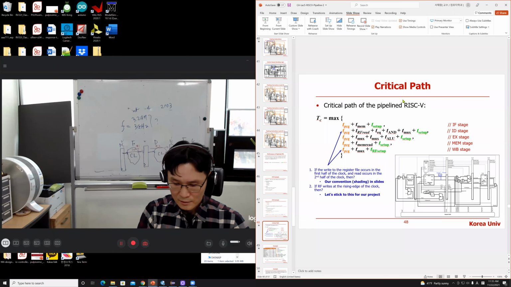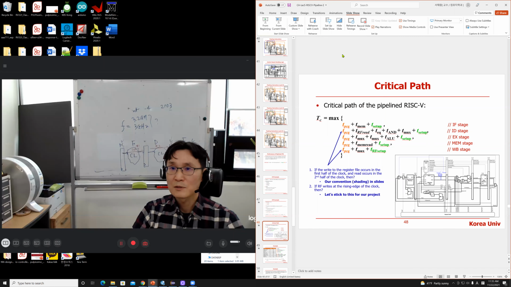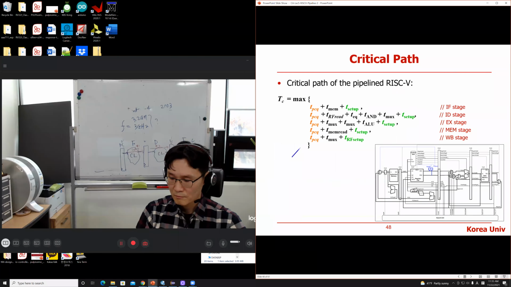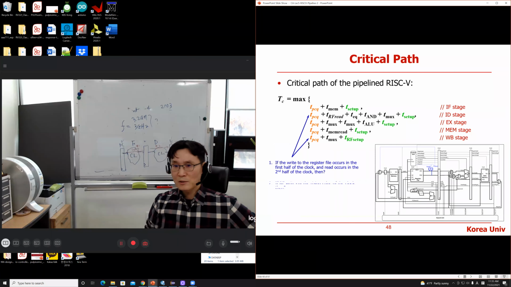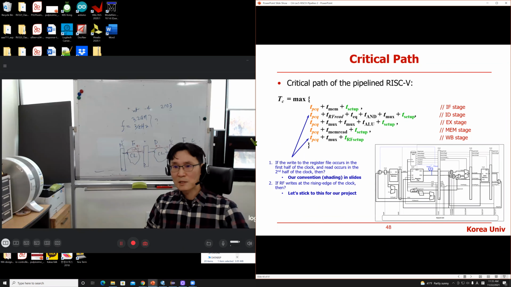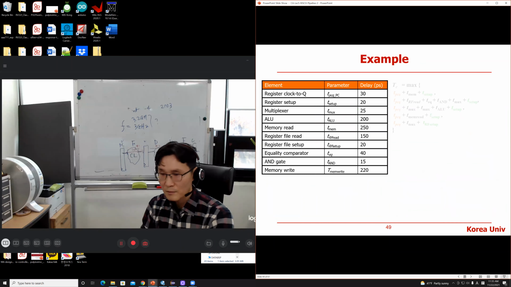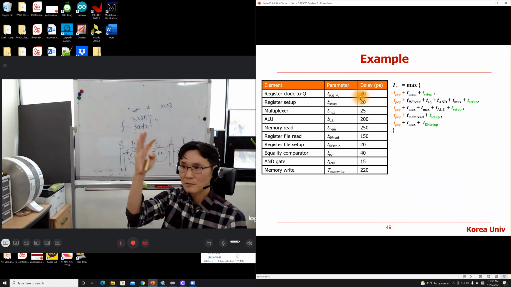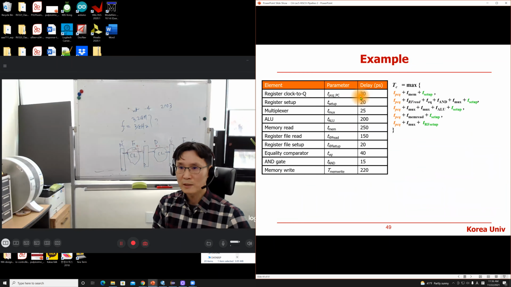So based on that, let me change this slide. Based on these five, you have to select the longest one. Let's assume flip-flop delay is 30 picosecond. For the flip-flop to provide output to you, you have to wait 30 picosecond.